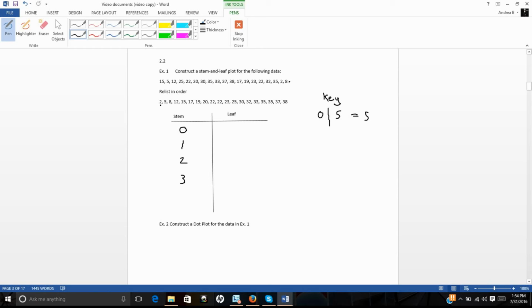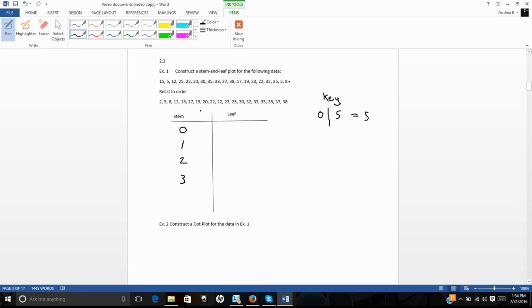For your leaves, that has to do with the numbers in the ones digit in this case. If you had a 3-digit number instead, then it'd be that last digit. The leaves always have to be just a single digit. The stem could have 2 digits or more, but the leaves will only have 1 digit.